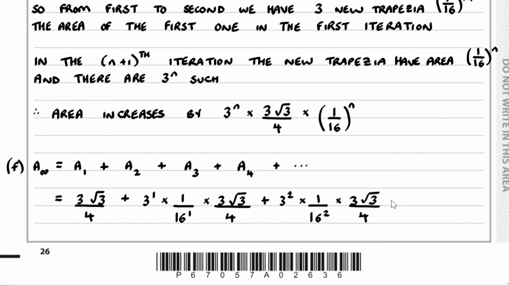And then for the next one, we've got 3 cubed times 1/16 cubed and then I'm going to times by 3√3/4. And then we could continue.